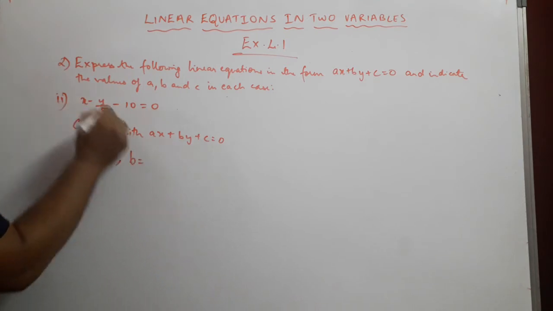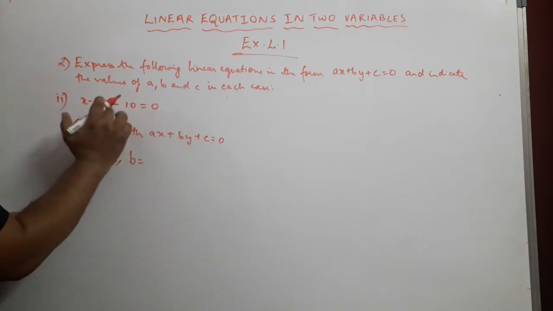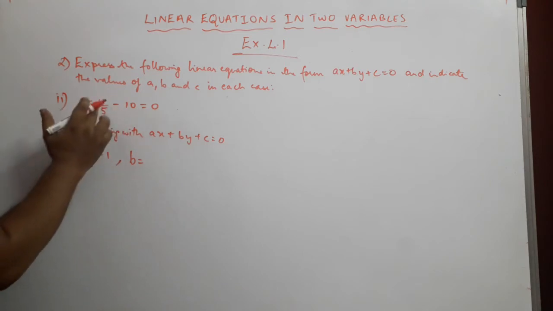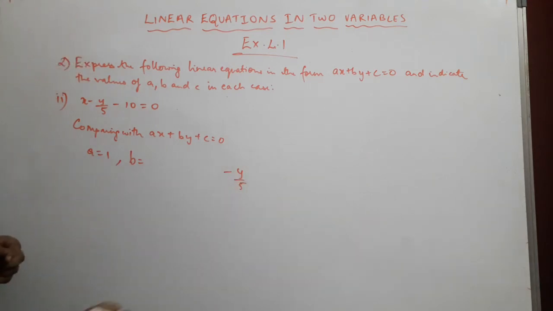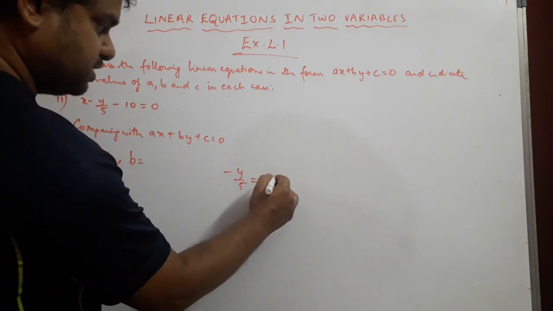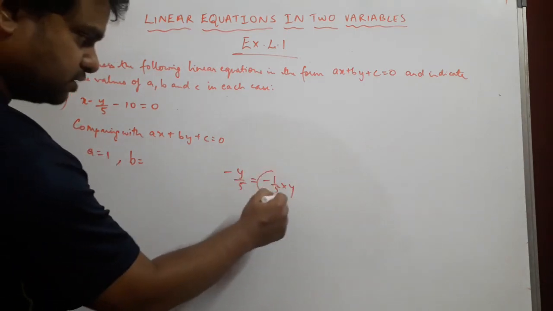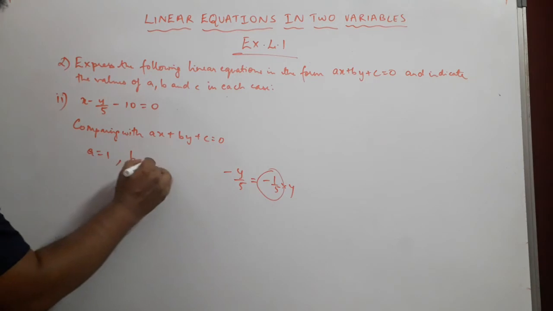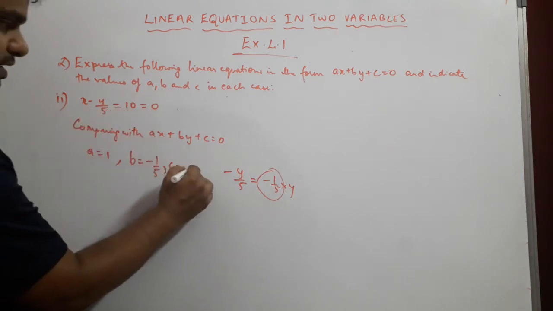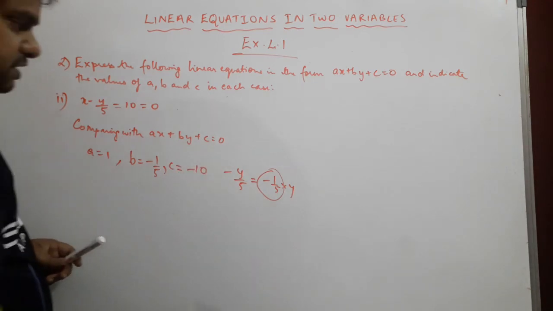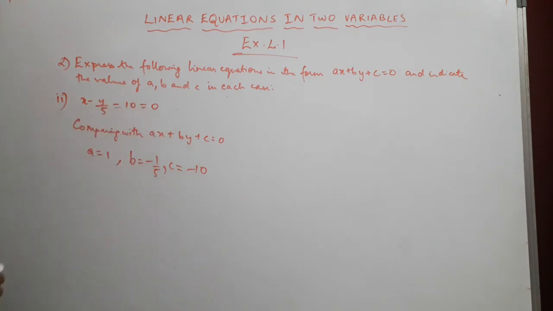Then the coefficient of b, that is the coefficient of y over here, would be what? See, it's given as minus y upon 5. Now this can be written as minus 1 upon 5 into y, right? So minus 1 upon 5 will become b, and c will be minus 10. Got it? So this is how we get the value of a, b and c for the second problem.